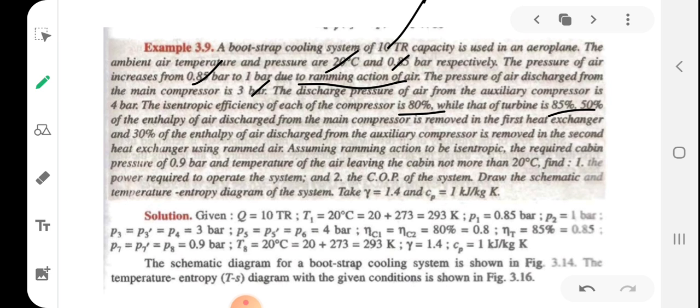Assuming ramming action to be isentropic, the required cabin pressure is 0.9 bar. So cabin pressure is given. Temperature of the air leaving the cabin is not more than 20 degrees Celsius. Find the power required to operate the system and the COP of the system. Draw the schematic and temperature-entropy diagram. Gamma is 1.4, Cp is 1 kJ per kg Kelvin.